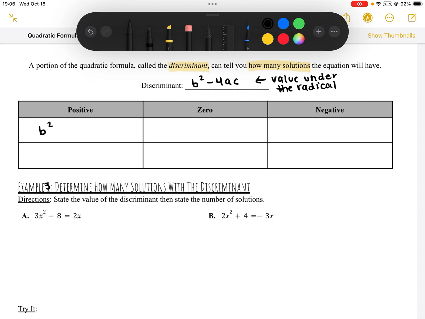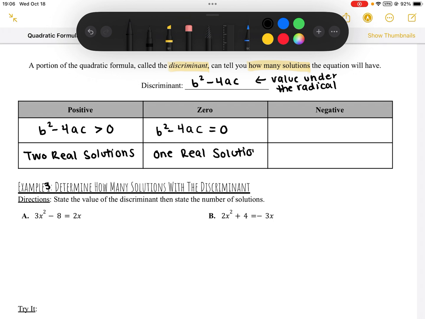If it's positive, the value for b squared minus 4ac will be greater than 0. So if this is the case, you're going to have 2 real solutions. If b squared minus 4ac is equal to 0, that means you are going to have 1 real solution.